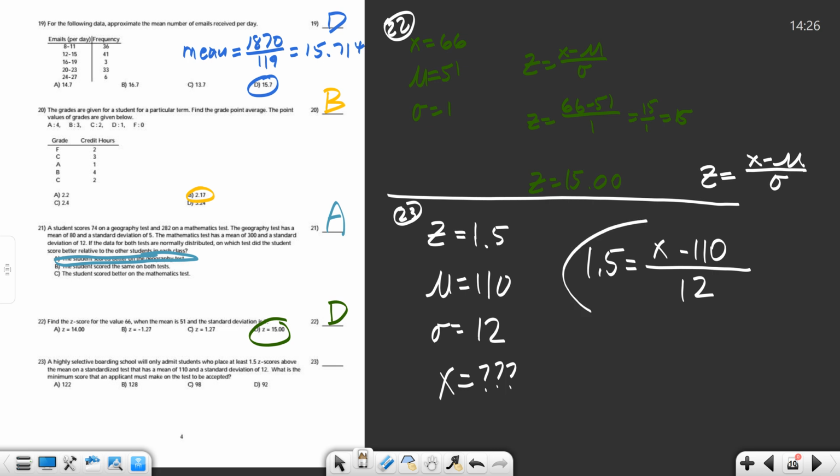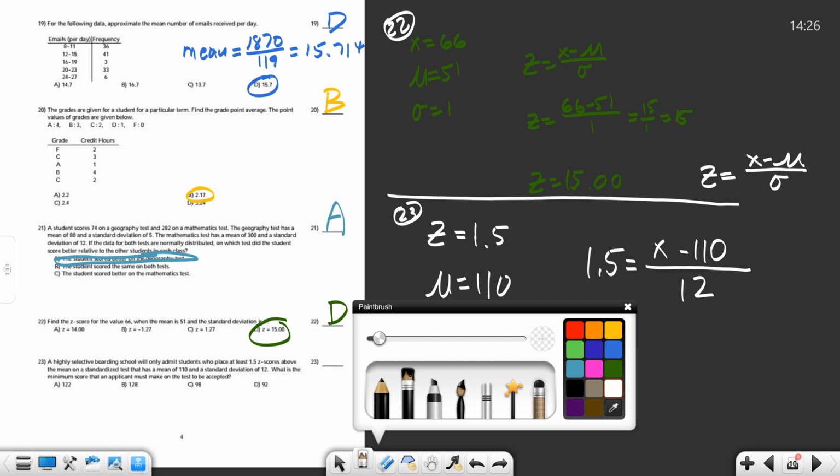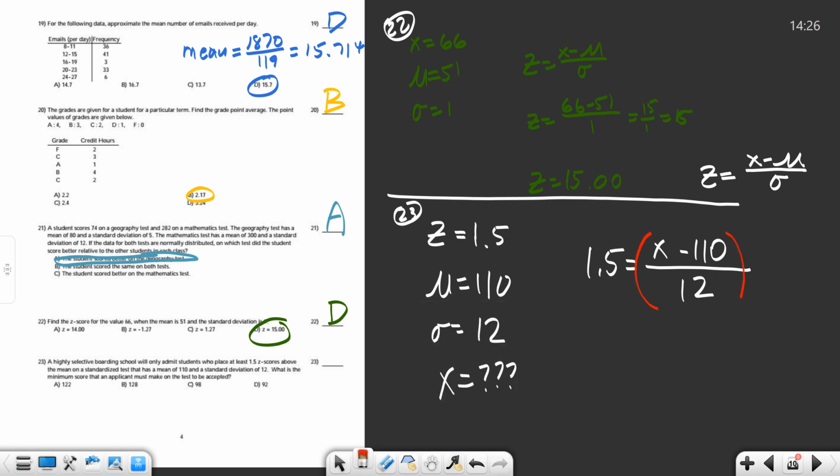So this is just an algebraic equation. This is about as algebraic as we're going to get in here. And what we're going to do is multiply both sides by my LCD, right? That goes back to how you saw all these things. You're going to multiply by the LCD that divides out because it's over 1. So you get 12 times 1.5, which is 18, equals x minus 110.